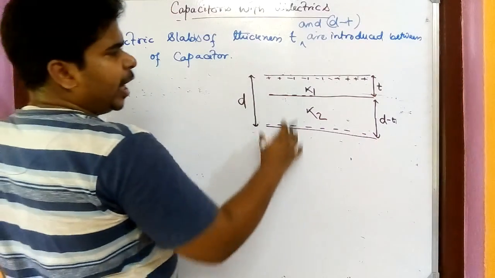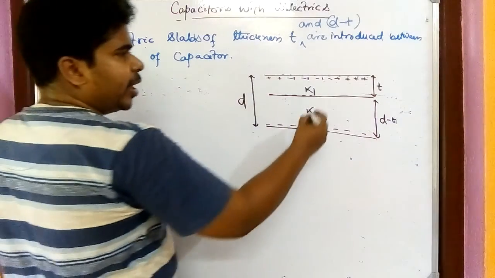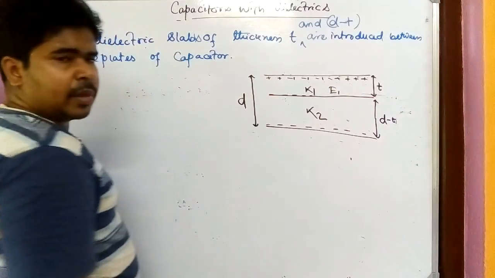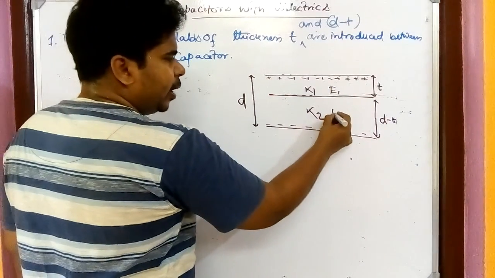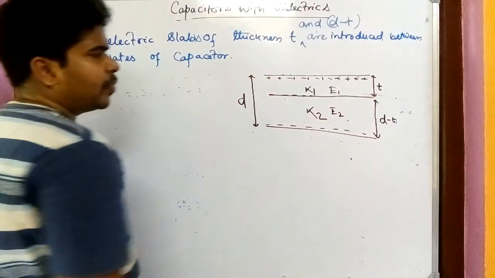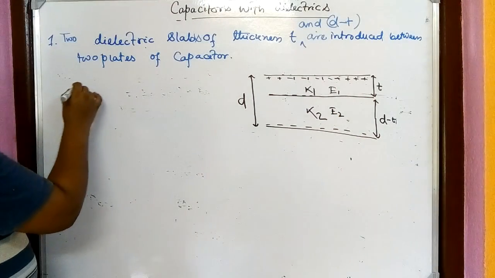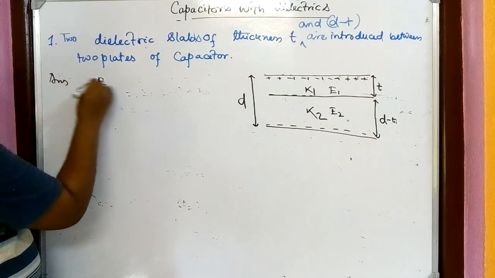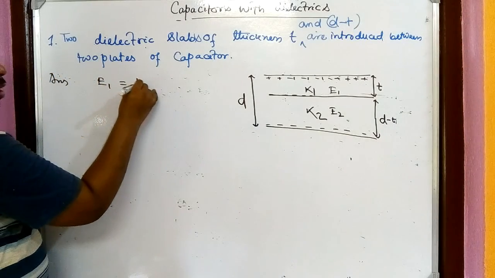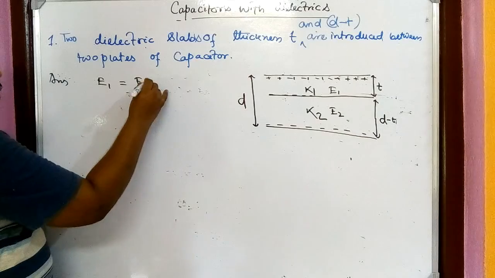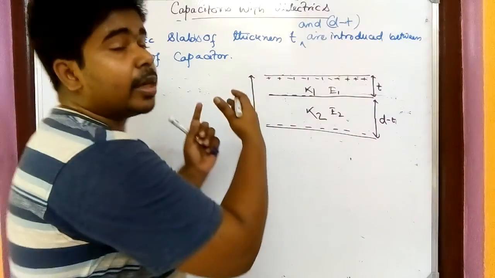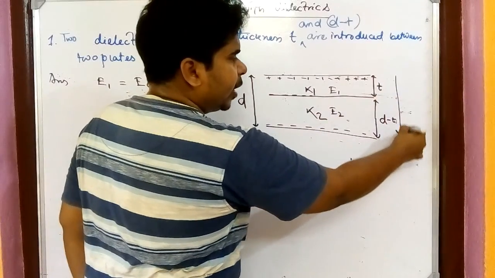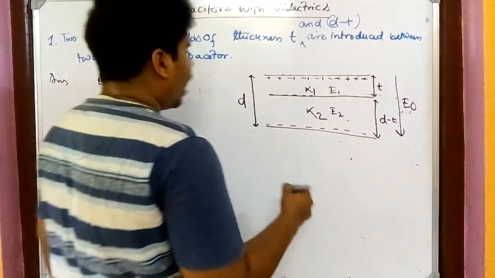So for K1, let the electric field be E1, and for K2 the electric field is E2. So what is E1? E1 is nothing but E naught minus EP1. E naught is what? If there is no slab, that is the electric field acting.